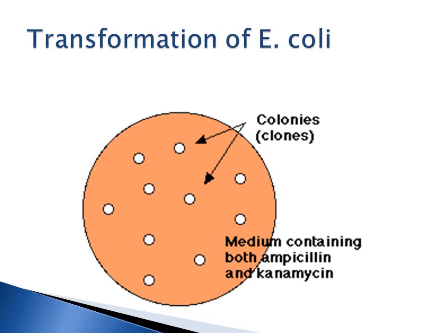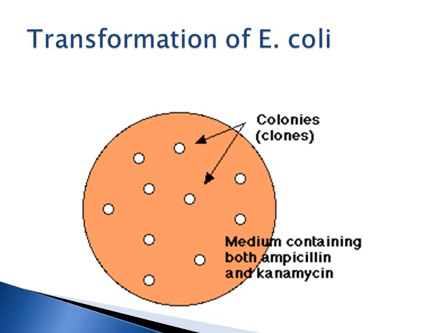So okay, you're going to take that chimeric plasmid with ampicillin and kanamycin resistance genes and transform it into E. coli bacterial cells. You're then going to take the E. coli that's been transformed and streak it onto an agar plate that contains both ampicillin and kanamycin, because you only want the cells with your plasmid that has both resistance genes to grow on that plate.